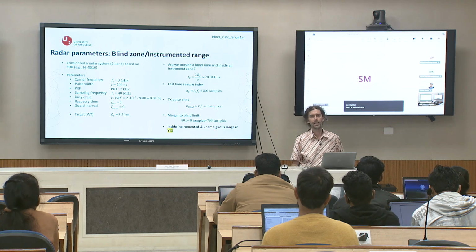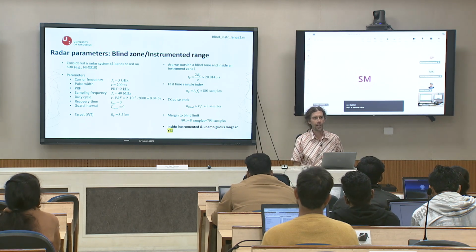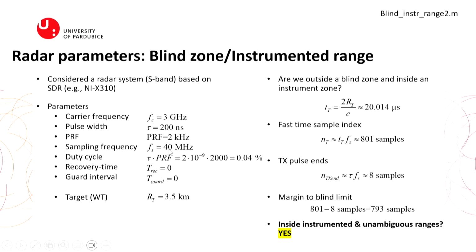And I must say that your hard drive will disappear really fast because it will be full. Imagine the number of samples per second is 40 million, and with the resolution of quantization, it will be about 14 bytes. So 40 megahertz multiplied by 14 bytes is the size of data per 1 second.